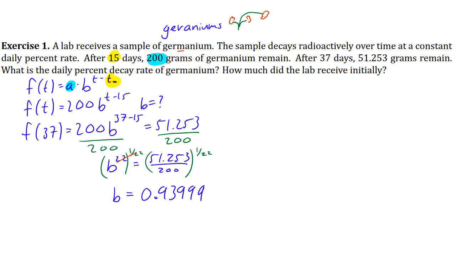So we could write the formula in the form f of t equals 200 times 0.93999 to the power t minus 15. That should work here. You could check this by plugging in 37 and making sure you got 51.253. I'm going to do that.